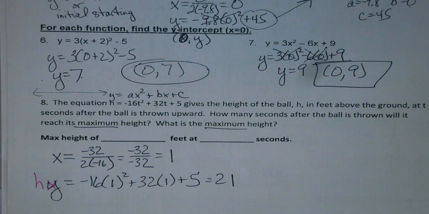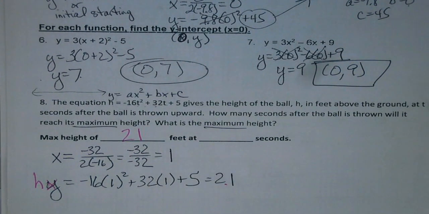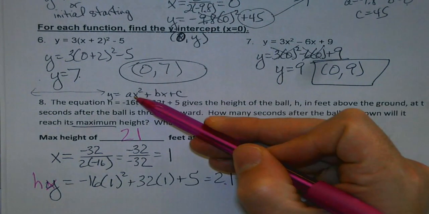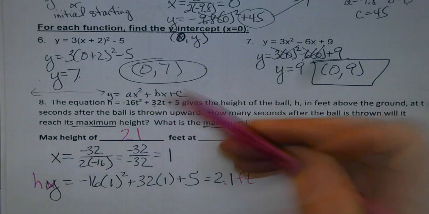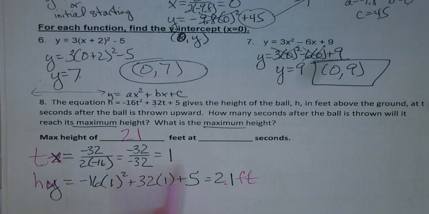This is H. This is my height. 21 feet. Okay. Where's X at in both of these? The same place T is. T stands for time. 1 second. These all have interconnections. Once we get using them and practicing with them, it makes it a lot simpler.